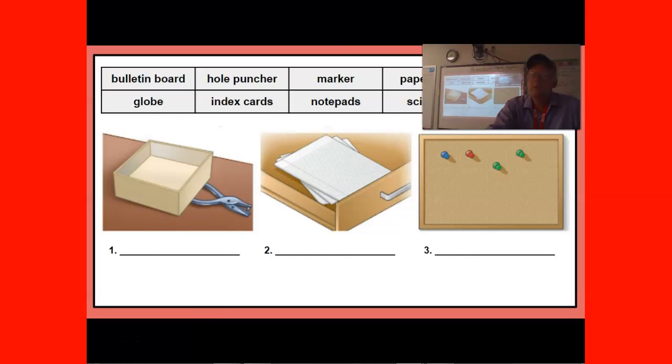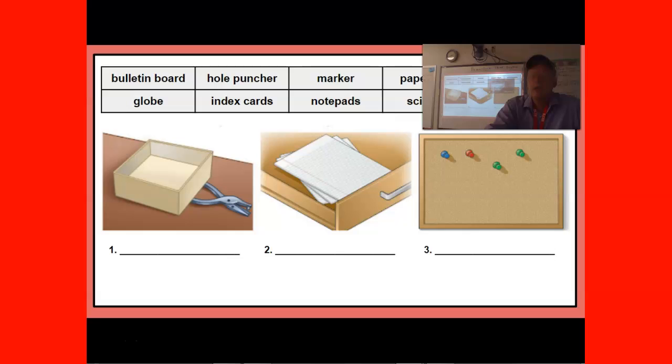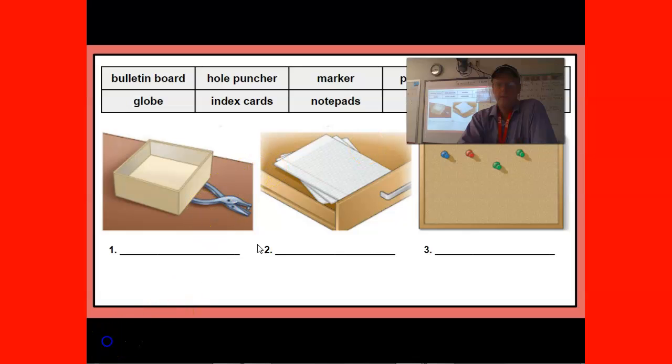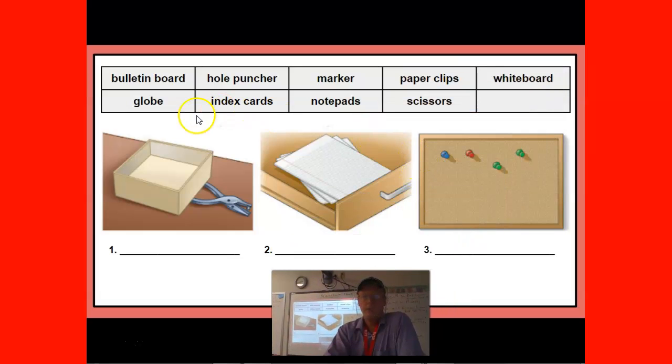Okay. Now, I want to look at some new words, okay? Do you know what we call this? We're learning some new vocabulary today, and you've got a list of our words up at the top. Do you know what this is? What do you think?